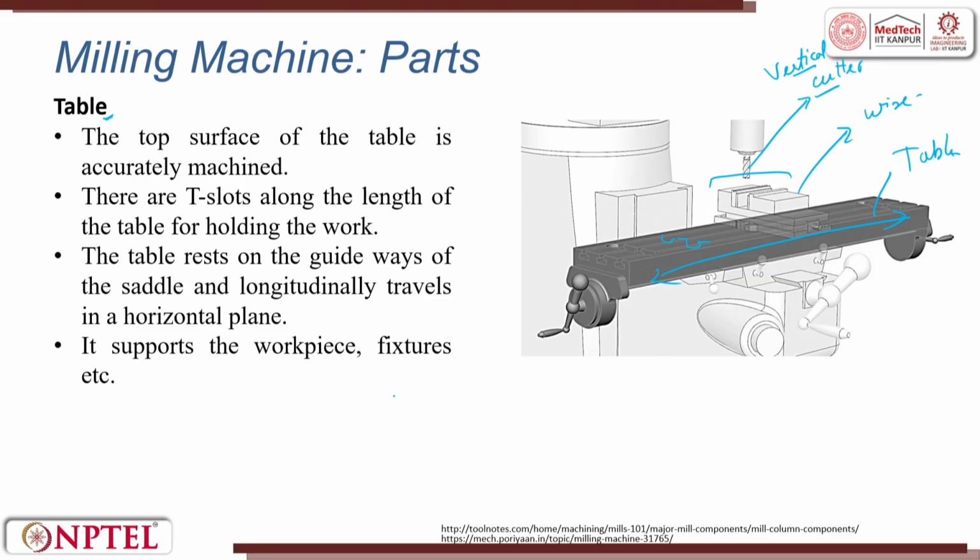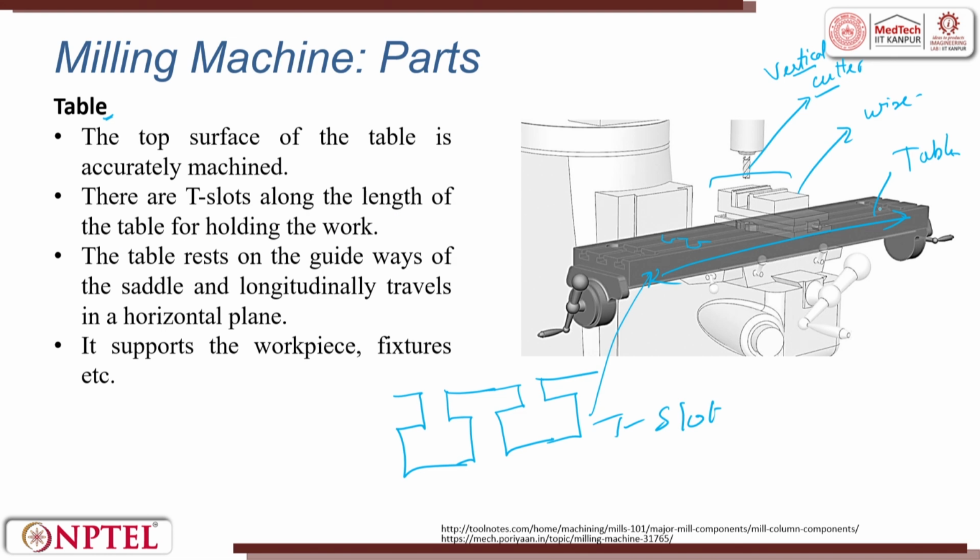These T slots will be something like this. These are the T slots which are here, and these T slots are used to hold the vise. There are T slots along the length of the table.